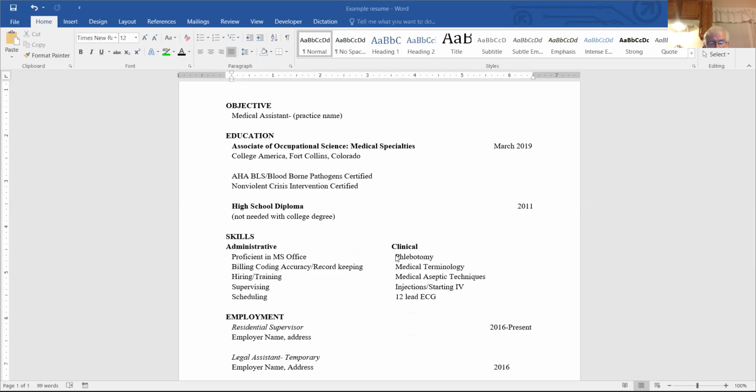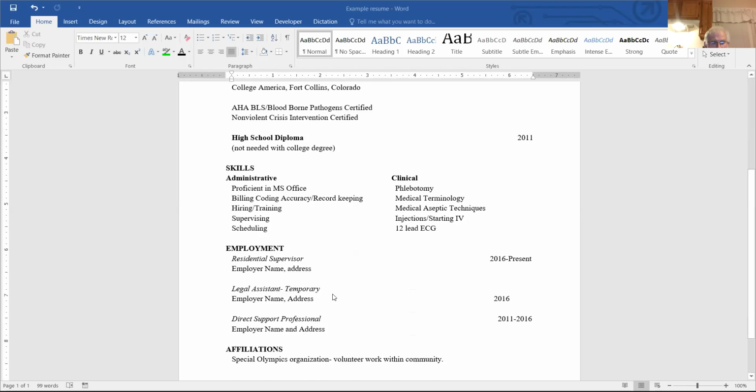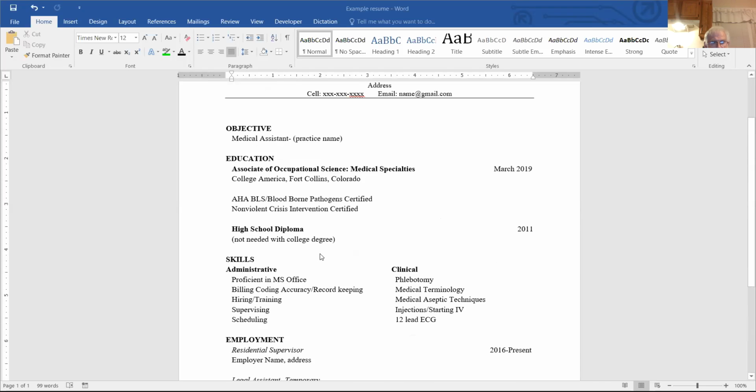Okay, in the clinical, phlebotomy, medical terminology, aseptic technique, injections, 12-lead ECG. Here is where you would also put down that you have the medical assistant CCMA certification.